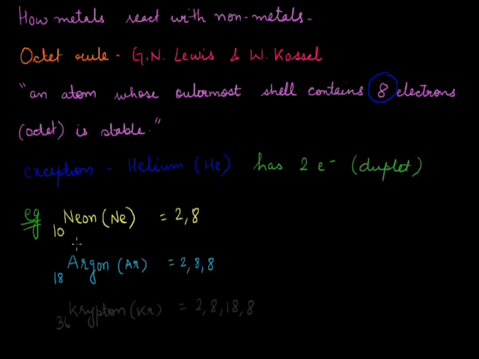So all these elements contain 8 electrons in their outermost shell. These elements are noble gases.